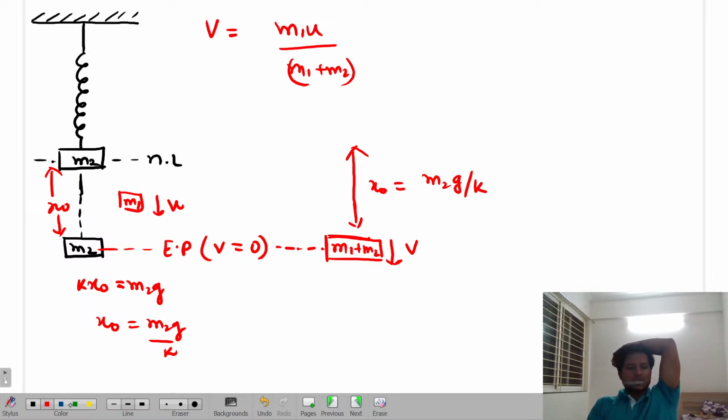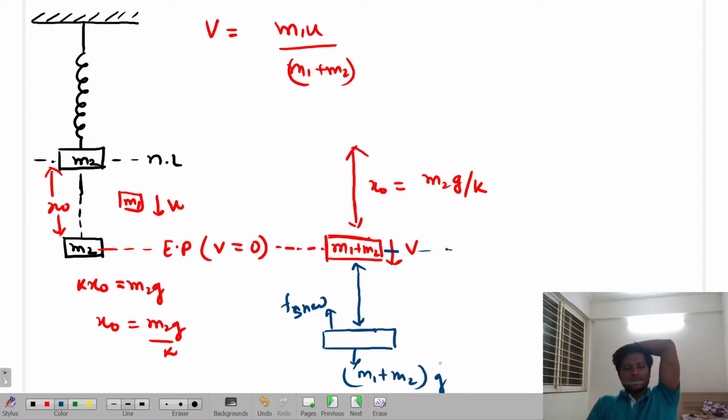Now from here what will happen? Since there is addition of mass, the equilibrium point will shift or not? It got shifted, where once again the new spring force balances which force? m1 plus m2 into gravity g. Is that clear or not?